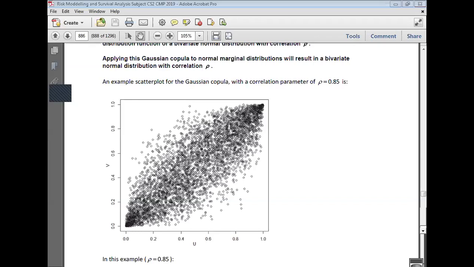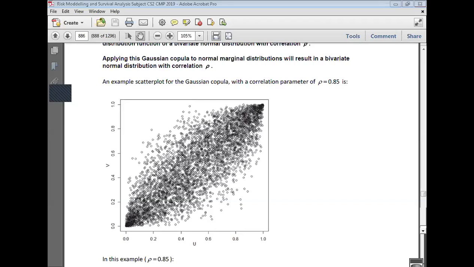And remember, this graph is not how Gaussian copula will look like always. This is the Gaussian copula for its parameter rho taking a value of 0.85. And again, can someone tell me how this Gaussian copula would look if this rho was 1?